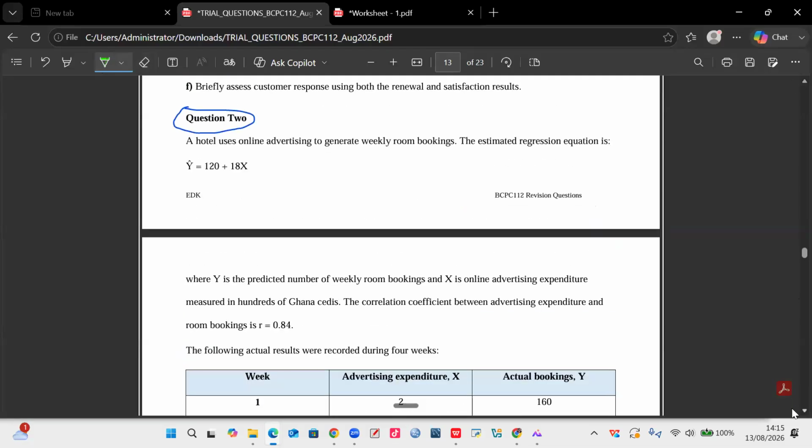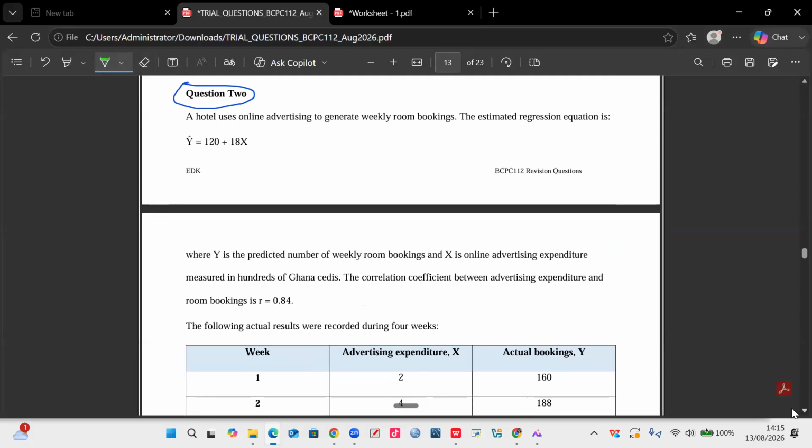So now let's start reading. Let's read question 2. A hotel uses online advertising to generate weekly room bookings. The estimated regression equation is y equals 120 plus 18x, where y is the predicted number of weekly room bookings and x is online advertising expenditure measured in hundreds of Ghana cedis.